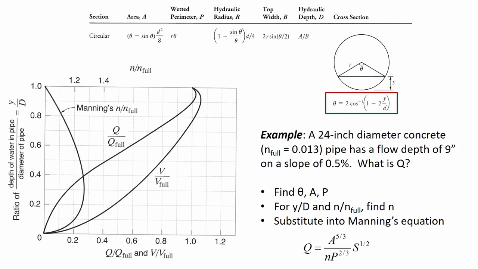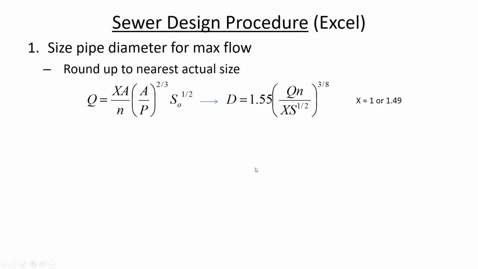So let's do that design now. Here's Manning's equation if we rearrange it in terms of D. And so this is the geometry where we've got a circular pipe.